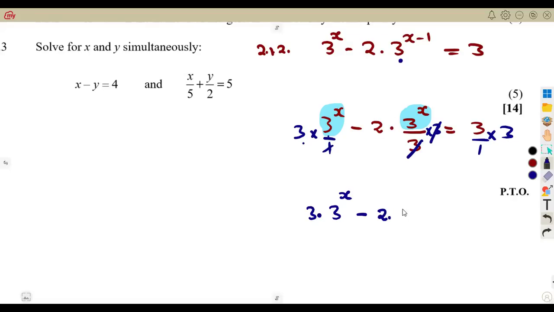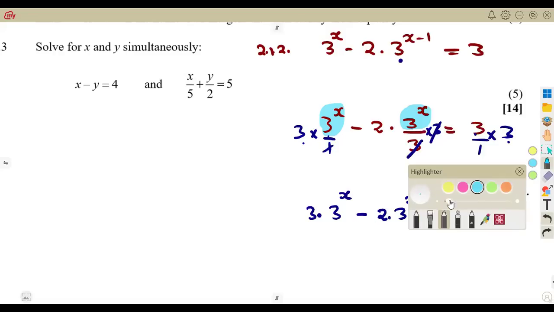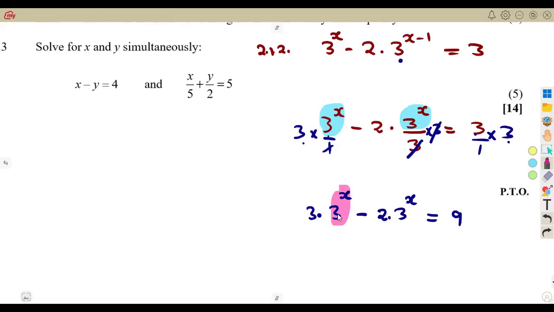So it will be 2 times 3 to the exponent of x, which is equal to 3 times 3. What is 3 times 3? That's 9, or 3 to the exponent of 2. These bases are the same, which is fine, but it's a subtraction, so we cannot use the laws of exponents, but we can just use our normal algebraic simplification to say these are referred to as like terms.